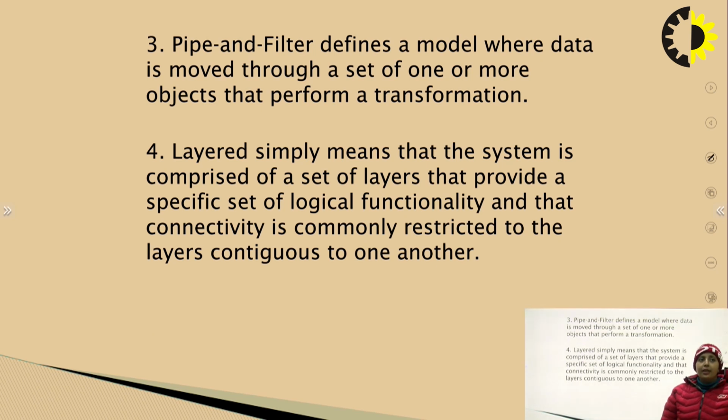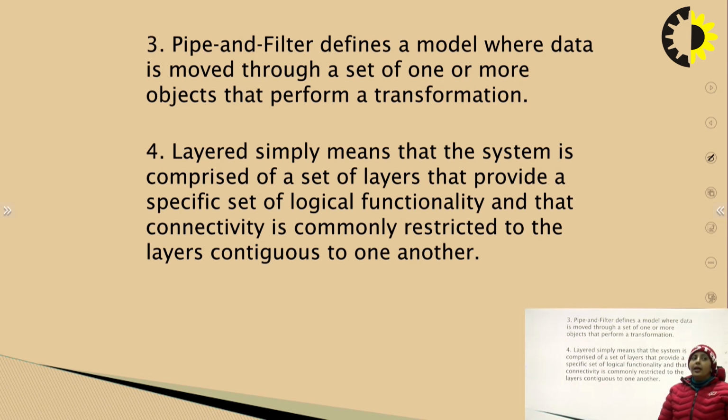The pipe and filter architecture defines a model where data is moved through a set of one or more objects that perform a transformation. Means if it is needed by more than two objects, then how does it have to be moved? Pipe and filter architecture defines how data will move from one object to another for the transformation.